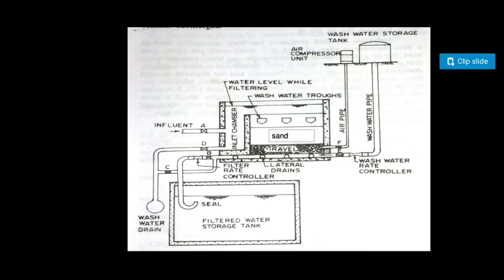And only when valve B is open, the effluent, that is the treated water collected inside the lateral drains and the central drain, is allowed to travel within the pipe which is connected to the filtered water storage. So valve A is controlling the influent and valve B is controlling the effluent.